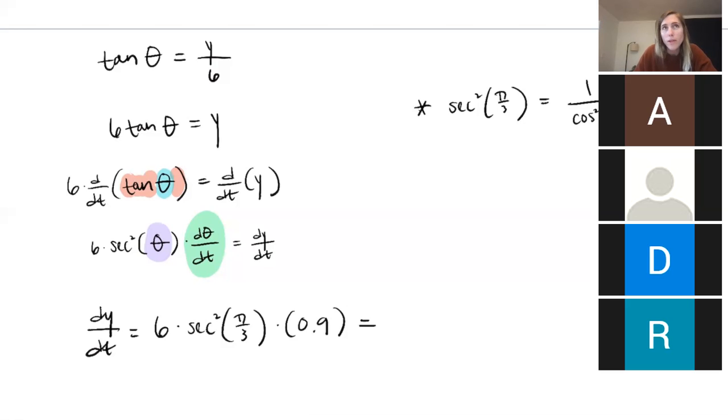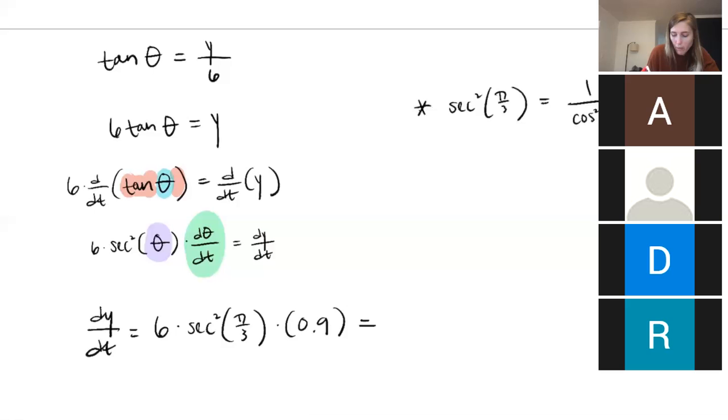And if you remember your unit circle, cosine of pi over 3 is 1/2, so its reciprocal would be 2. And then when you square the reciprocal, that would be equal to 4. You could do that, or you could type it into your calculator.